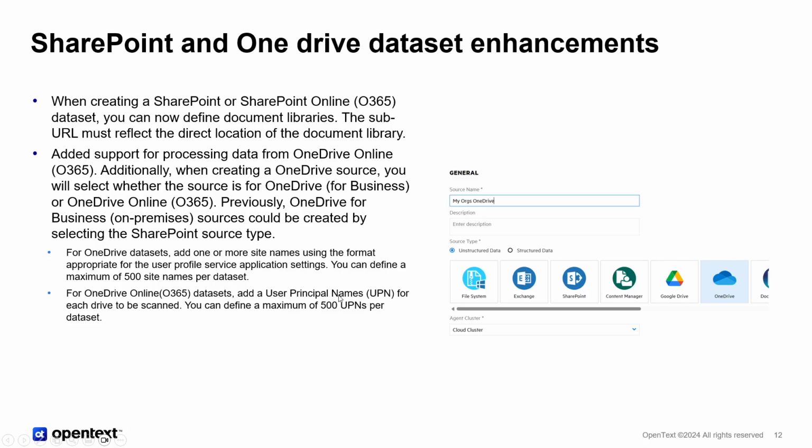So now you can use the UPN names, the user principal names, of each one to be scanned. In each particular dataset, you can define a maximum of 500 OneDrive accounts. So across your organization, you may need to define multiple datasets and then group them by department, location, however you want to define them.